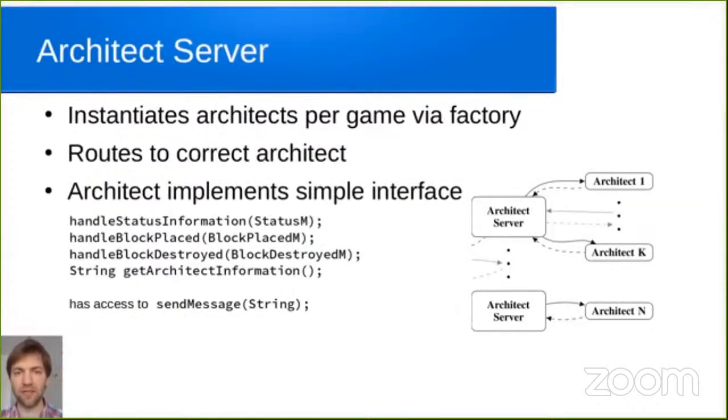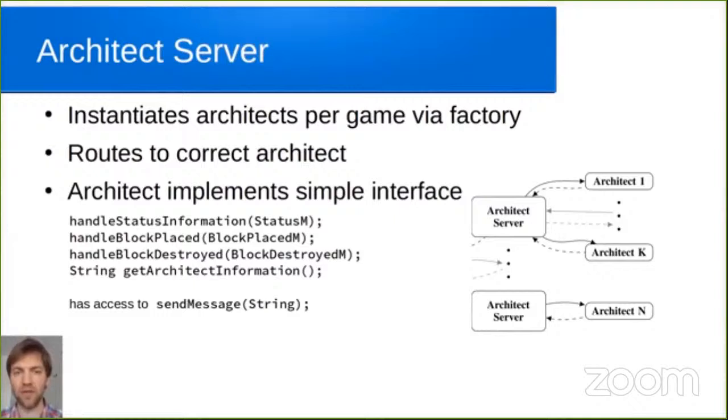Then we have the architect server. The architect server hosts all architects of a single type. It instantiates architects per game via factory methods, performs routing to the correct architect, and every architect implements a simple interface. The first method of this interface is called every 10 milliseconds with the current position and orientation of the player.